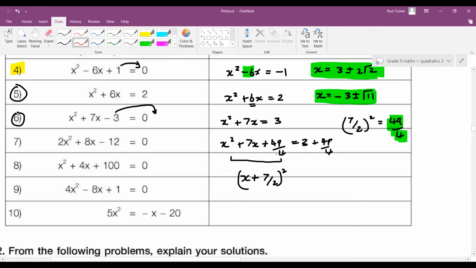So square root 49 is 7, square root 4 is 2. Then this side, I will make a common denominator. So I write this as 12 on 4 plus 49 on 4. Okay, 3 is 12 on 4. I did that so I have a common denominator.